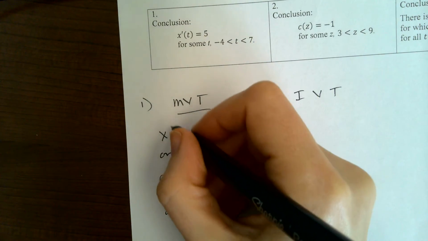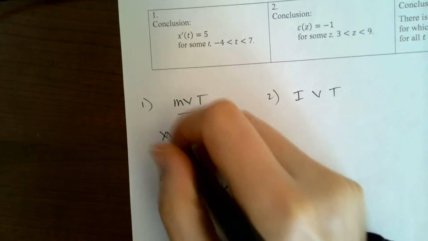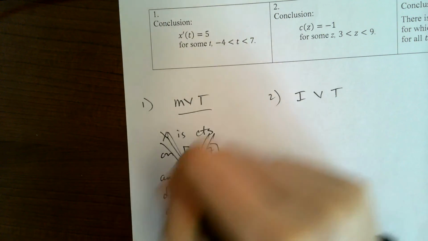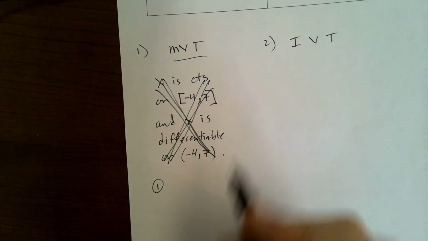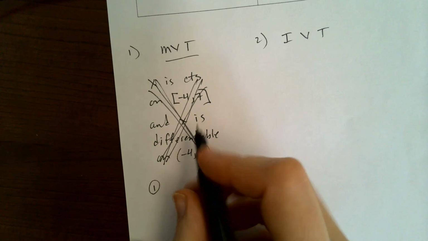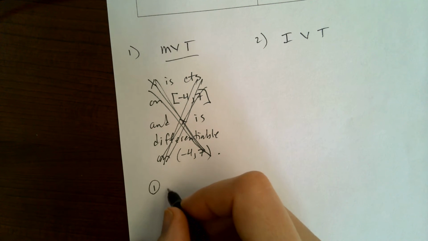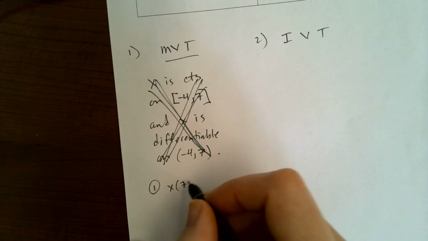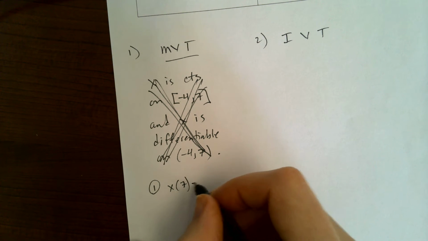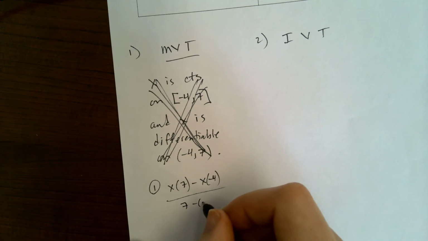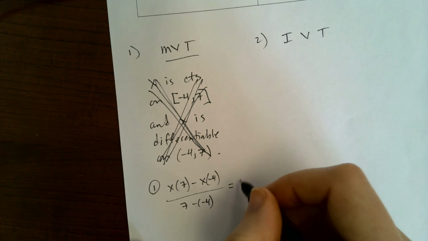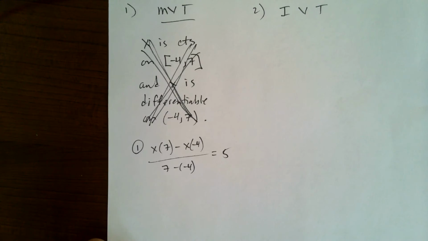All right, the first thing for the mean value theorem. First, we would have to show that x of 7 minus x of -4 over 7 minus -4 is 5. All right, first we'd have to show that.